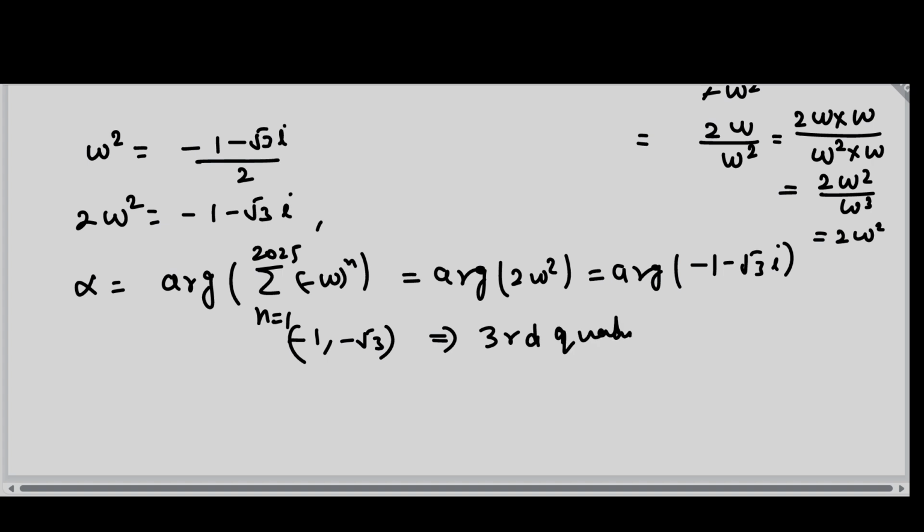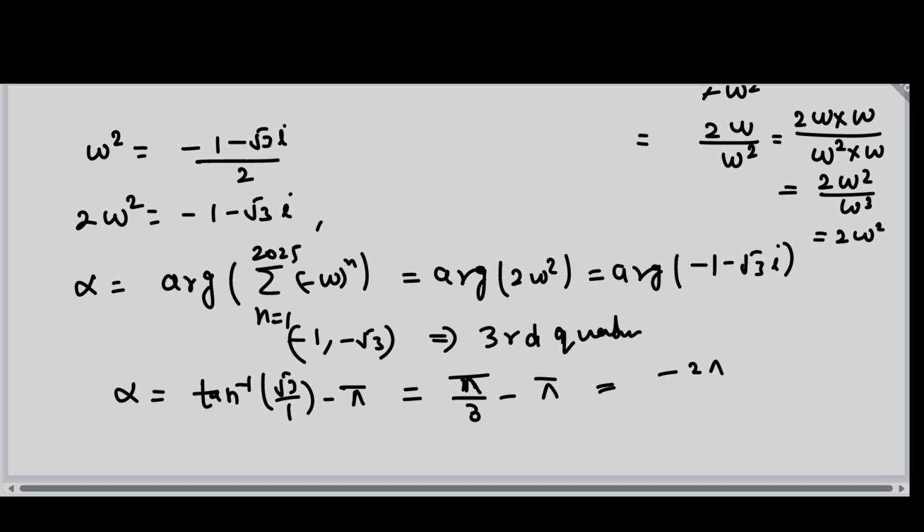So alpha is equal to tan inverse of mod y over x, which is square root 3 over 1, minus pi. Tan inverse of square root 3 is pi over 3, minus pi, so this is minus 2 pi over 3.